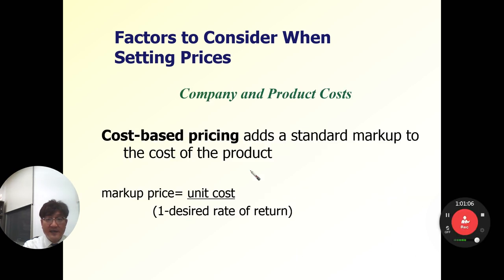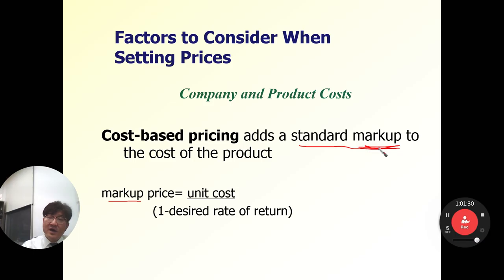Right. Now we are ready to talk about cost-based pricing. Say again, here's a markup. That is why people get confused between the markup and the margin on sales. I use the standard markup as it is because the textbook used the term standard markup.